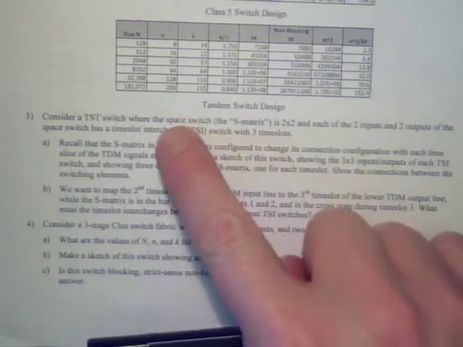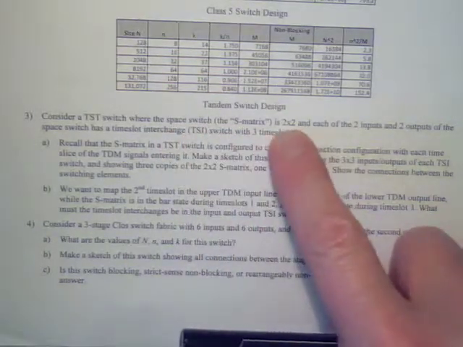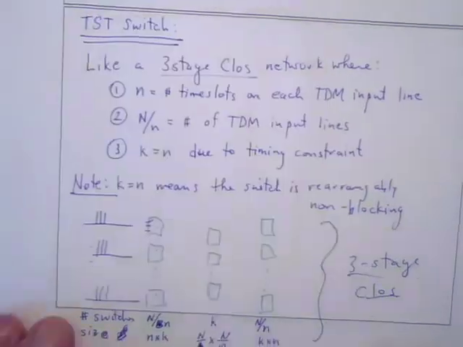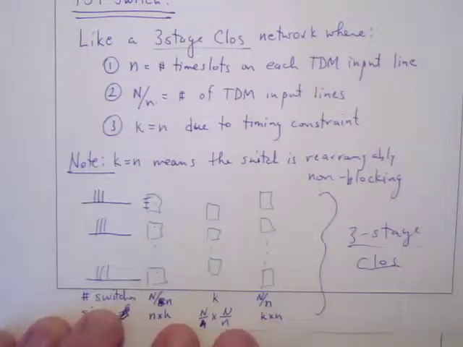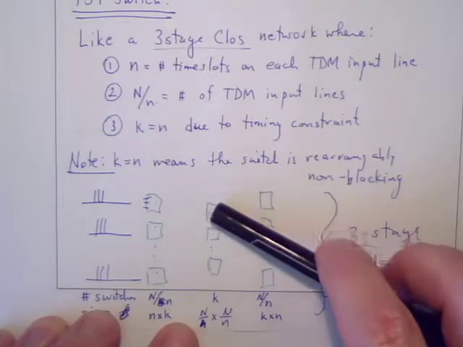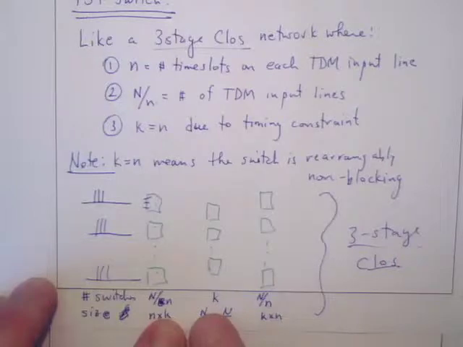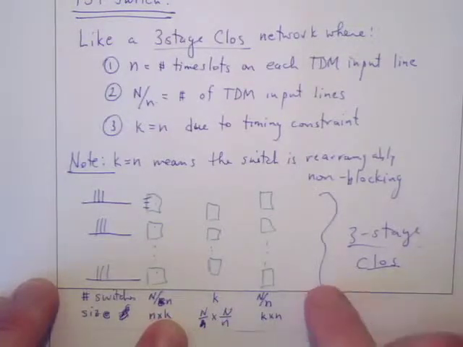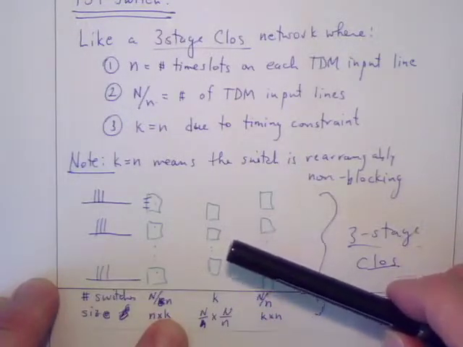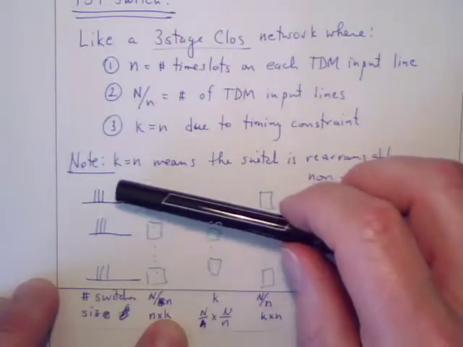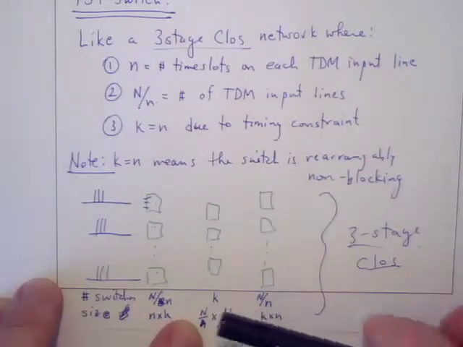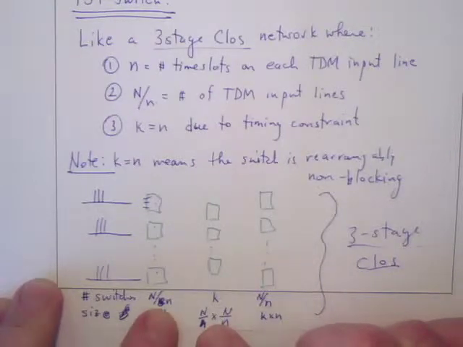It also says that the space switch is 2 by 2. And so at the central stage, they're 2 by 2. And so 2 is equal to big N divided by little n. Little n, we just figured out, was 3, so big N has to be 6. Okay? And so the number of switches at stage 1 is also 2.